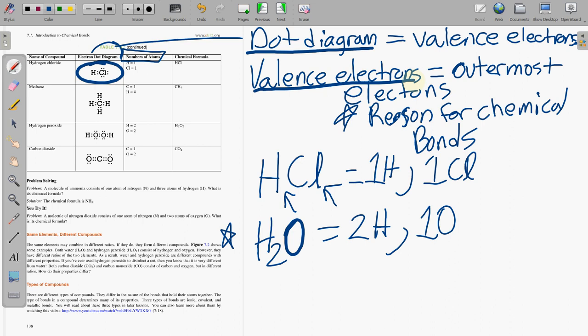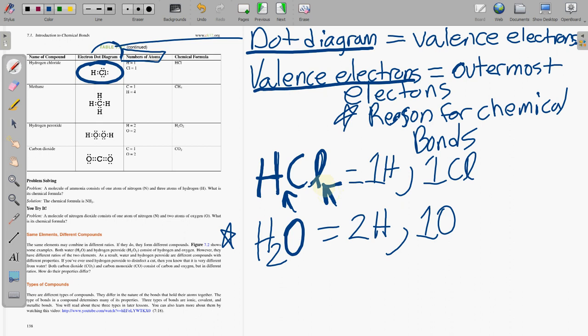The other thing they're talking about with this chart is how to read the formula. Every symbol in the formula has a number. So we have HCl. I use a cursive L so that it doesn't look like an I or a 1 or something. All right, there's an invisible 1 right here, and there's an invisible 1 right here.